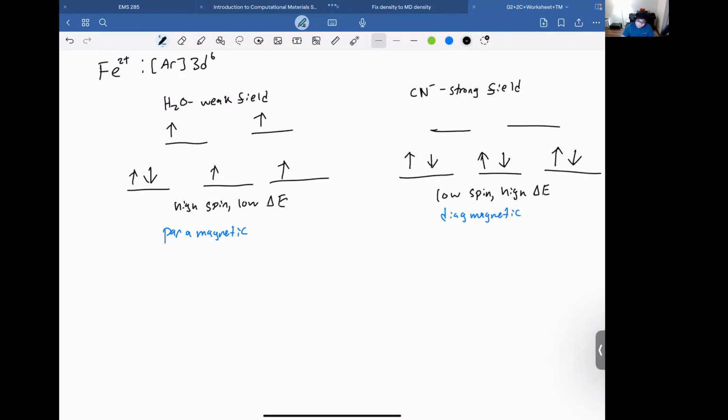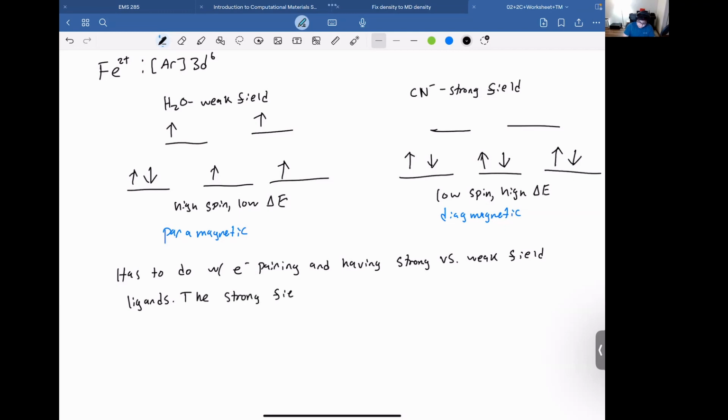So explain the difference. The difference has to do with electron pairing and having strong versus weak field ligands. And we know the strong field ligand is diamagnetic.